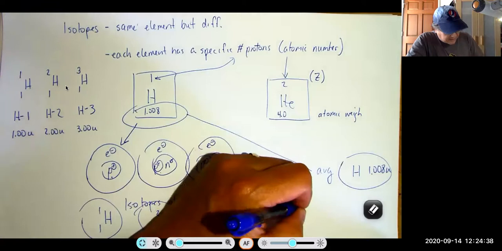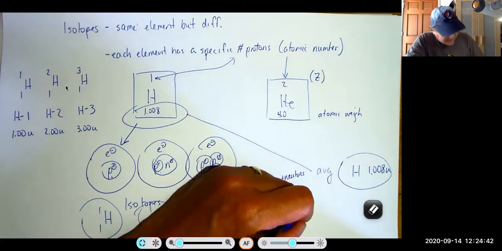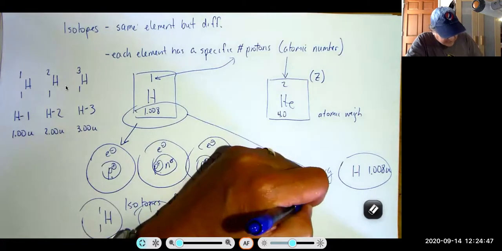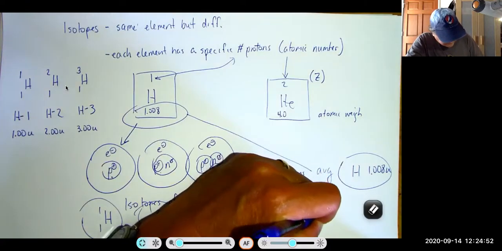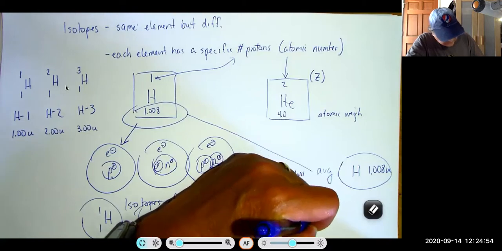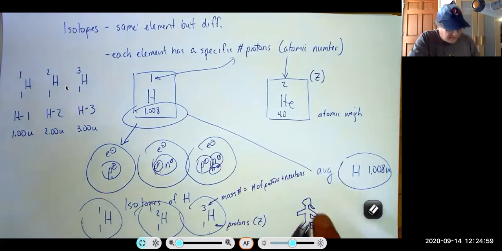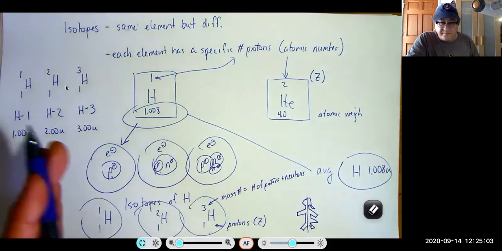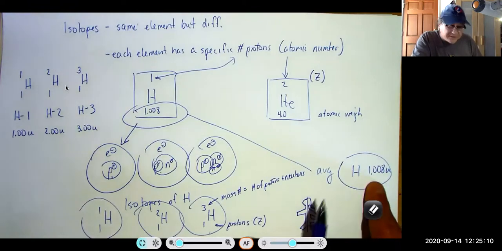So I suppose if I use those bathroom-type symbols of guys and girls, this is what the average person looks like. You put a little dress on the woman and some long hair. So this is what your average person looks like in the world. And that person doesn't exist. Same thing here. This hydrogen atom does not exist.